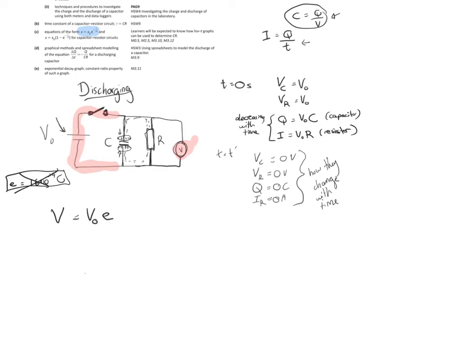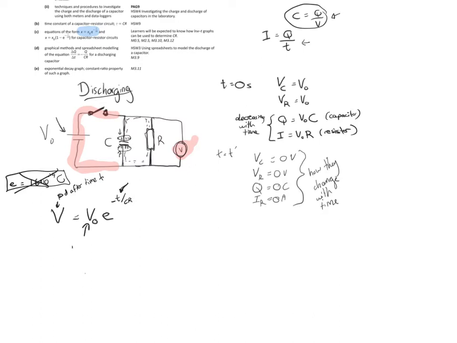Which is V naught times e to the minus t over CR, or RC, which is the same thing. Now, what do these stand for? This is the voltage or potential difference after time t. This is the time t that I will want to know. For example, what would be the potential difference across my capacitor after 10 seconds or after 0.1 seconds. So this is what I will be calculating on this side if I'm given the time and all the other values.